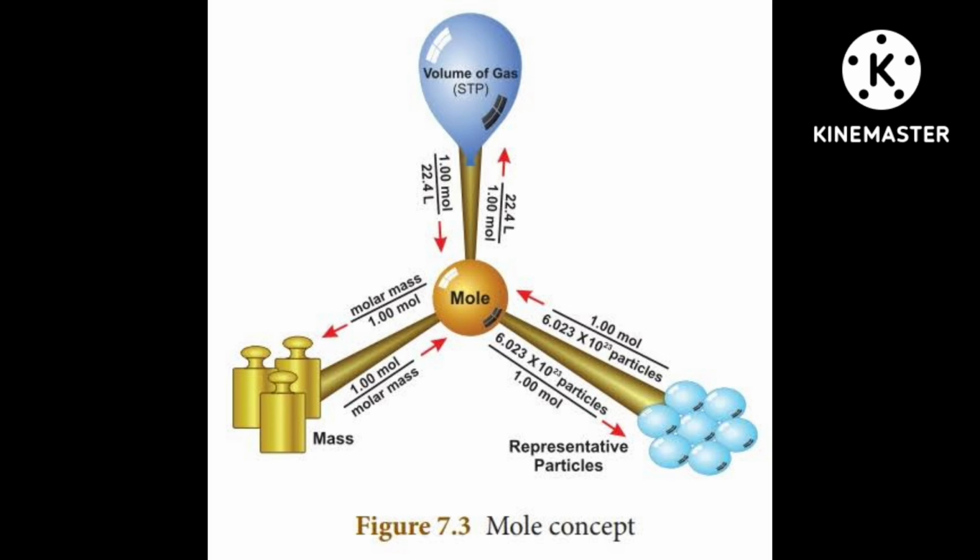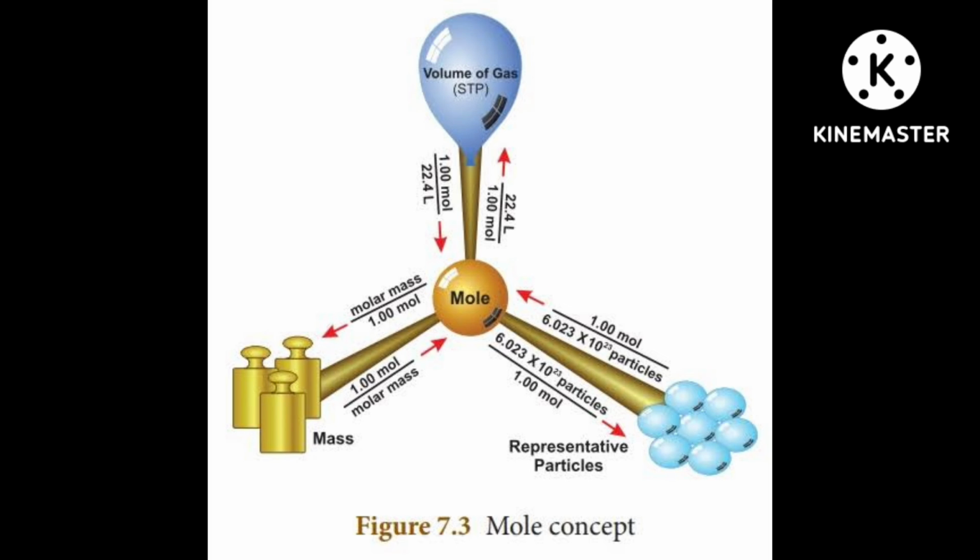This number is called the Avogadro constant or Avogadro number. The Avogadro number is denoted by capital N, subscript capital A, NA. NA means Avogadro constant or Avogadro number. This number is very, very important.